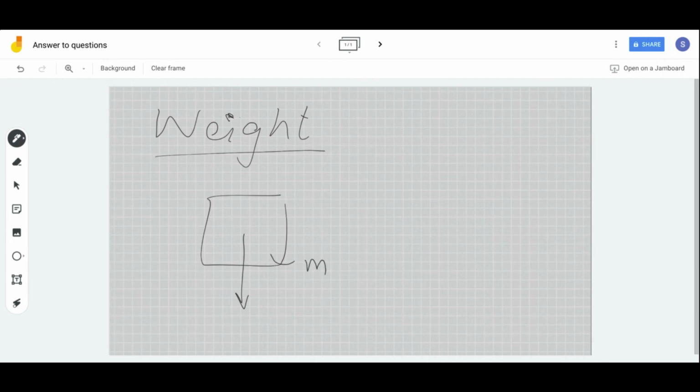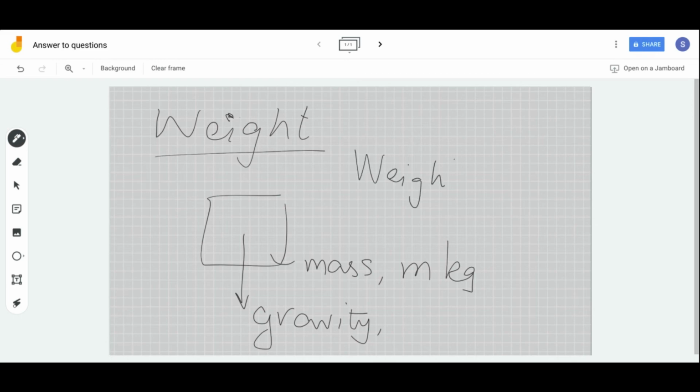So this has got some mass, let's say m kilograms. What are the units of gravity, I will leave for you to find. And then weight is essentially, you can find this formula on Wikipedia as well, it's mg. So what are the units going to be in this case?